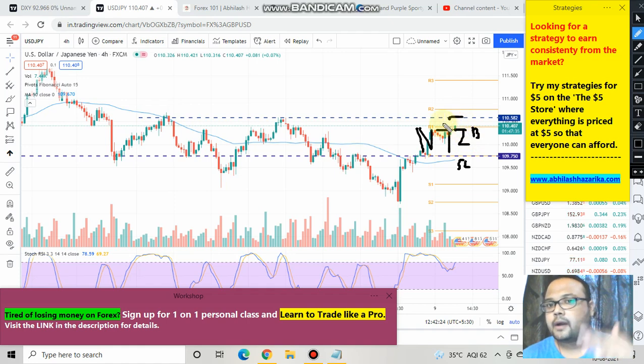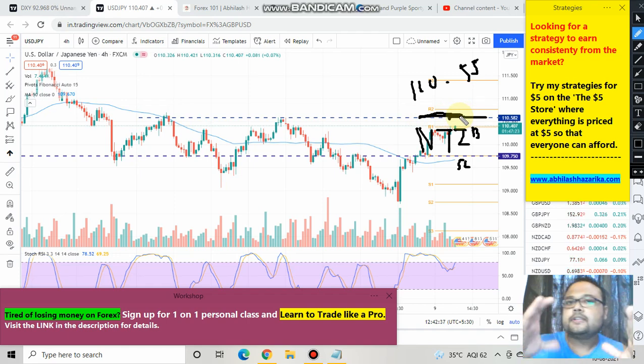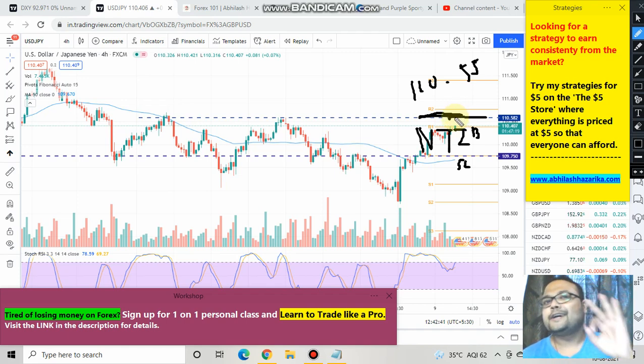So wait for the market to hit this resistance level of 110.55. Once the market hits this resistance level, just observe the price. Just see how the price is reacting. If you see price reversing from this resistance level, then we get the confirmation that yes, this resistance is still valid, and you can short the market here.